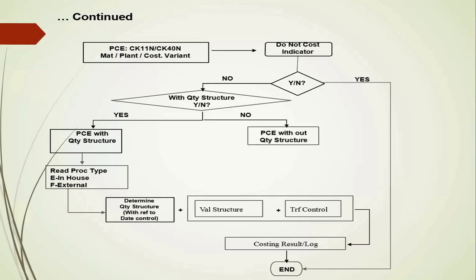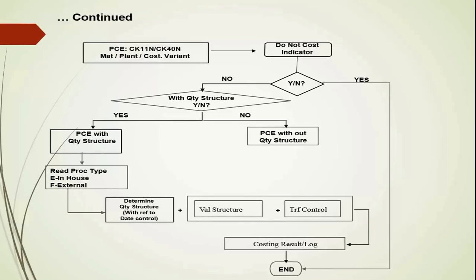If with quantity structure, then it looks for procurement type, that is in-house or external, in the MRP2 view. Then it determines quantity structure with reference to date control. We learned what role date control plays. This is how it comes into the picture: what date you want that quantity structure to be valid. For example, you can execute cost estimate with last year's quantity structure date.